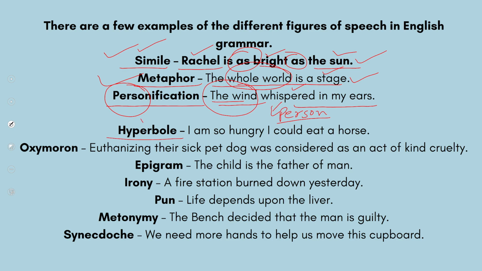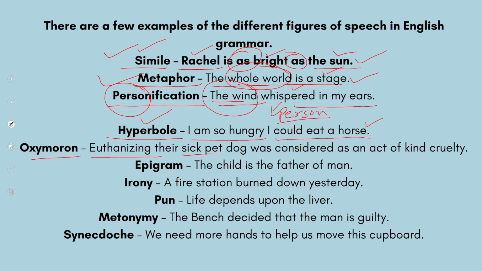Hyperbole, students, this is exaggeration. For example, I am so hungry I could eat a horse. We know that nobody is that hungry. This is just exaggeration. So this is what we call hyperbole. Oxymoron is the combination of two contradictory things.